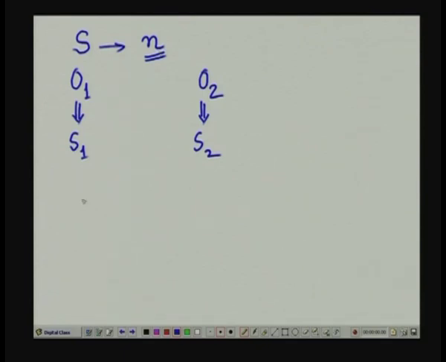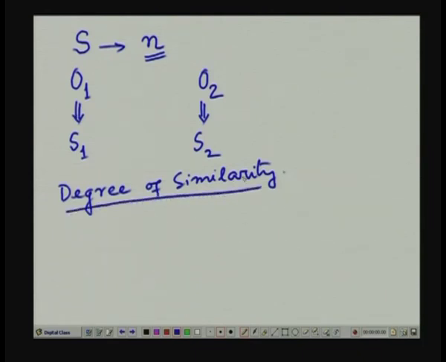Okay. Now comes the concept of degree of similarity. What is this degree of similarity? When we are given these two shape numbers S1 and S2 of a given order, the degree of similarity, say K, is defined as the maximum order for which the shape numbers S1 and S2 still match.